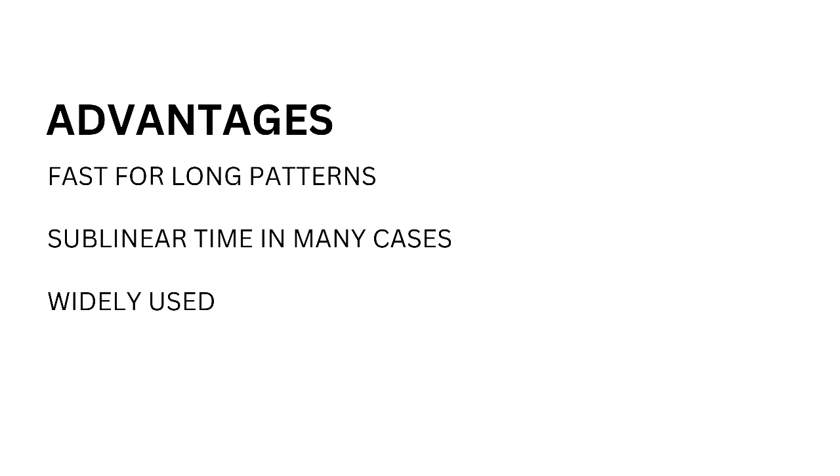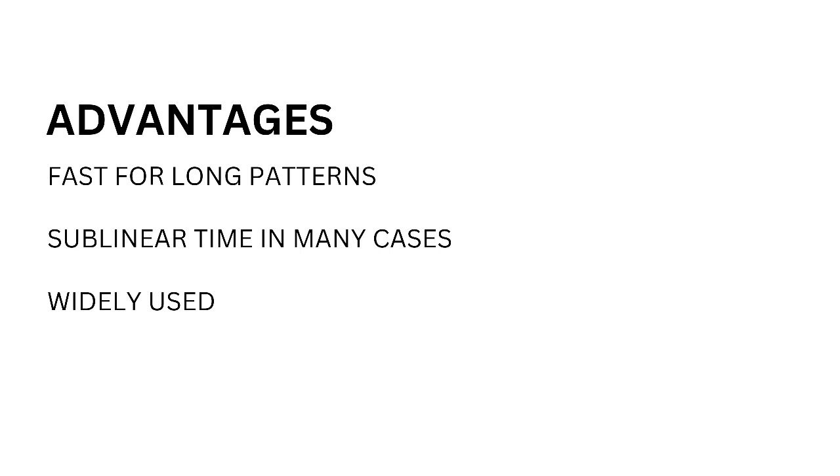Then you have sublinear time in many cases. In the best cases, the algorithm does not need to check every character, achieving sublinear time complexity. That is also an advantage. Then it is widely used in practical applications like text editors and search engines, due to its speed for real-world inputs.